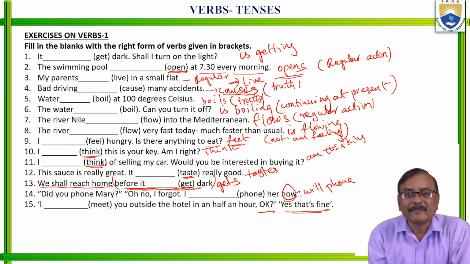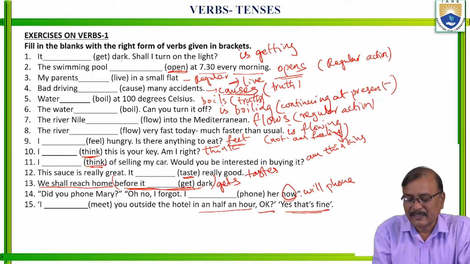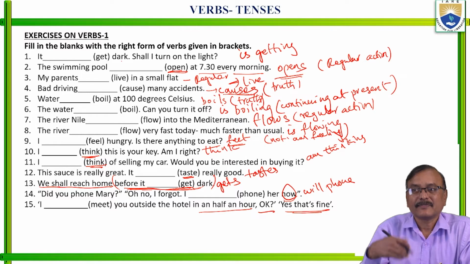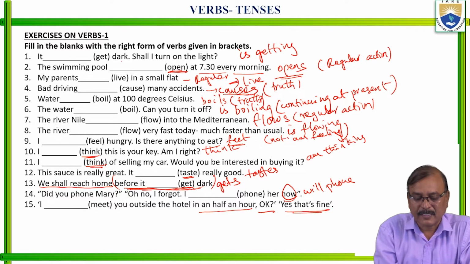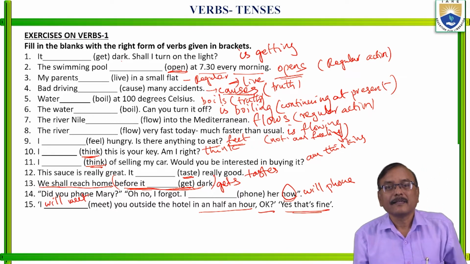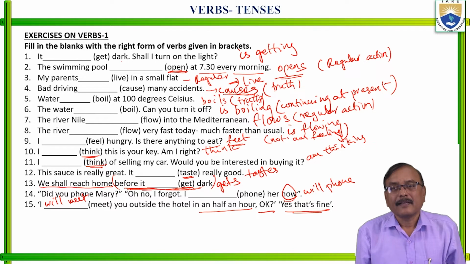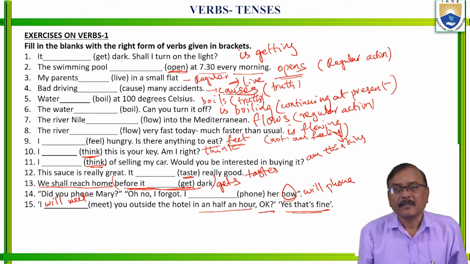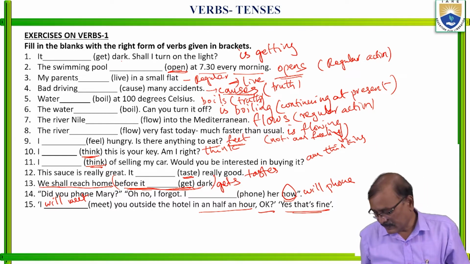So it is not a completed action. It is going to take place in the future. Within an hour, I will meet you outside the hotel in half an hour.